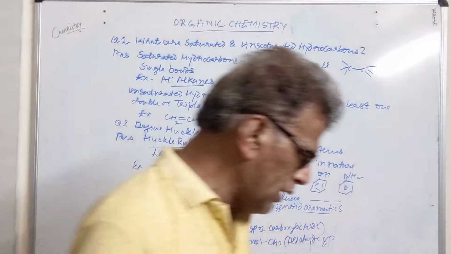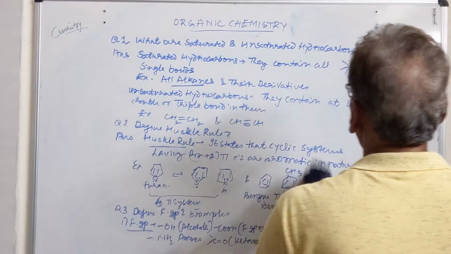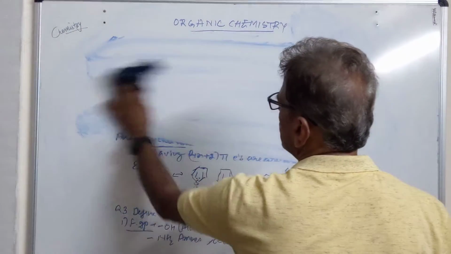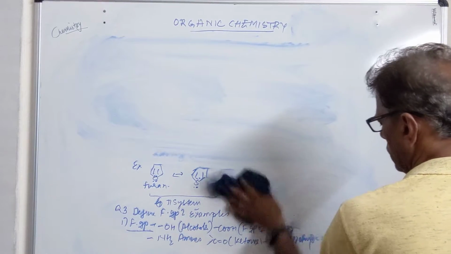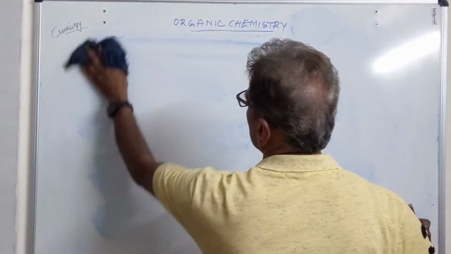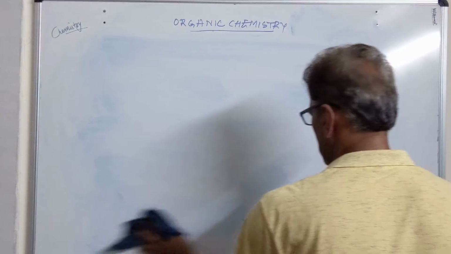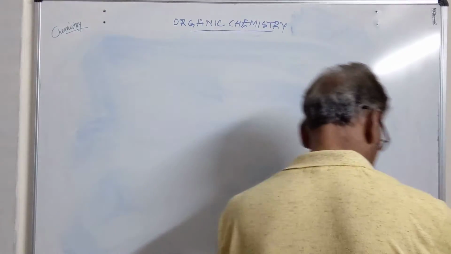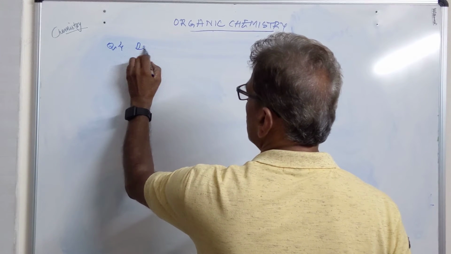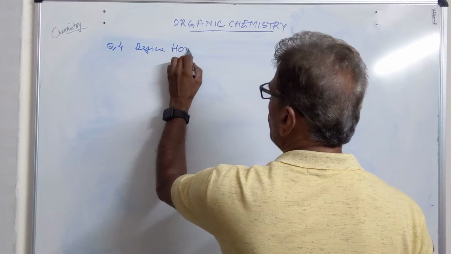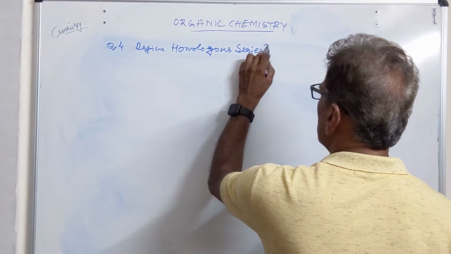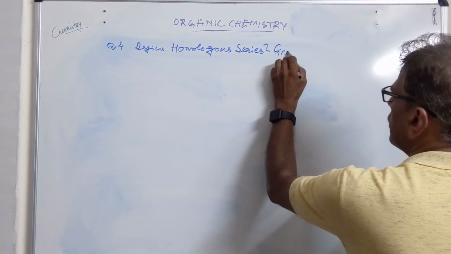Then what is homologous series or homologous family? This is our question number 4. Define homologous series. Give its characteristics.